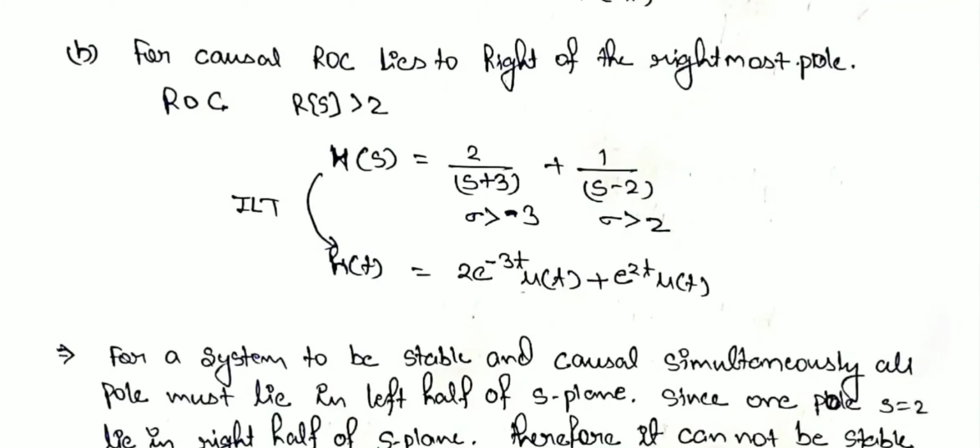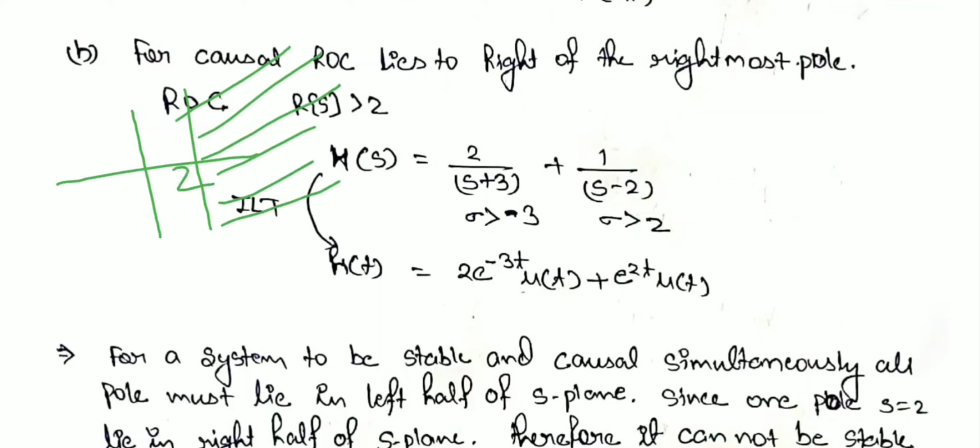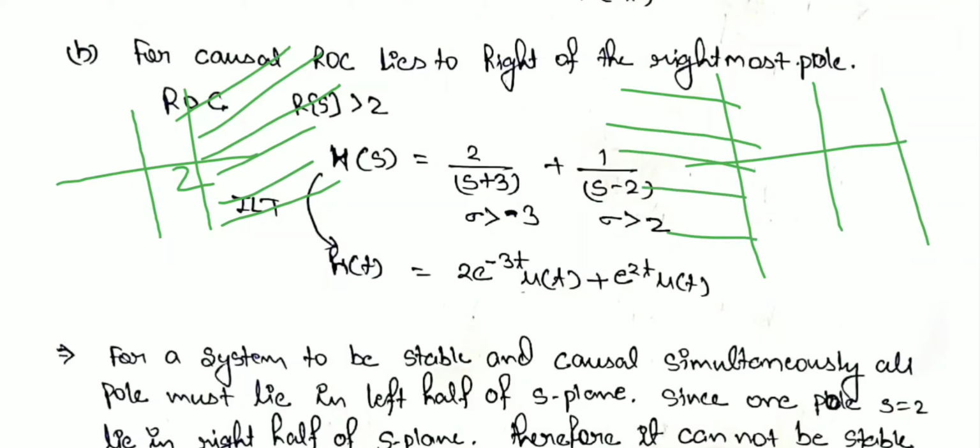For a causal system, it states that only when the ROC is right-sided is the system causal. For the right-sided case, the only possibility is that the ROC should be greater than 2. If we consider a left-sided one, then the ROC is not possible, and a causal system is not possible, because a causal system should be right-sided.